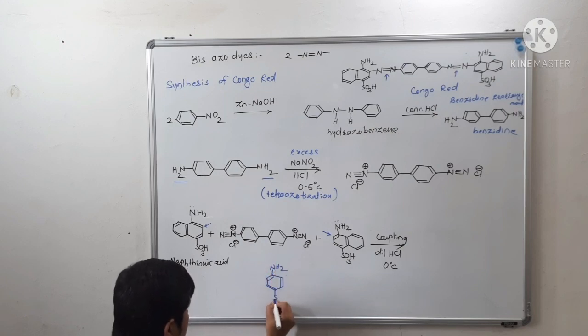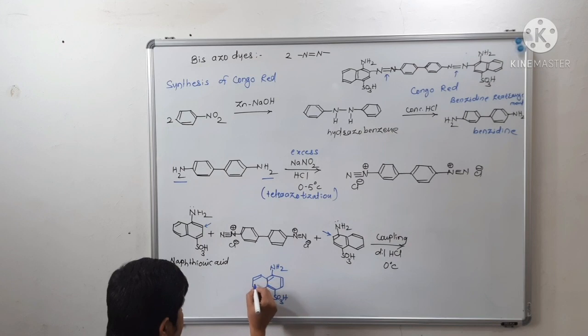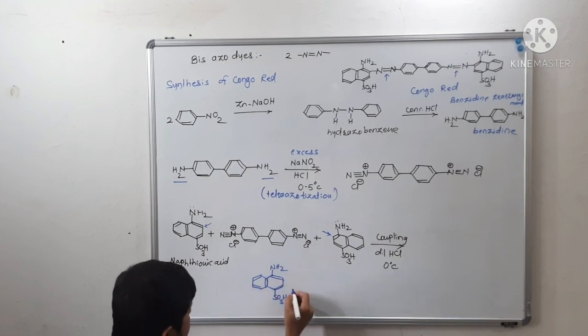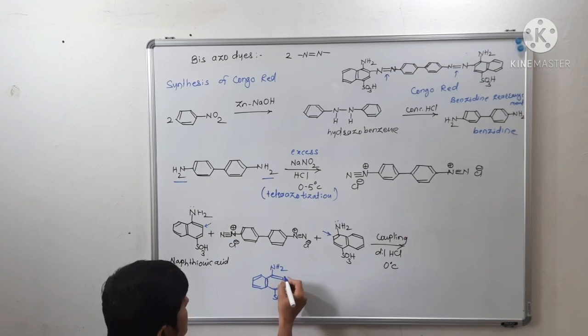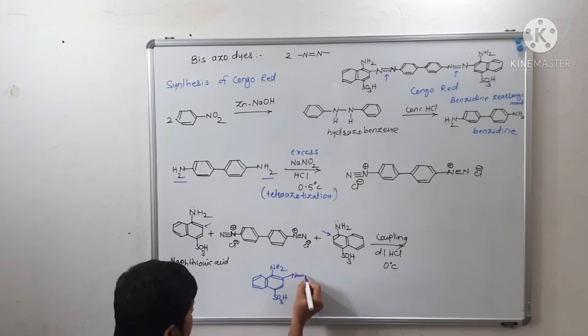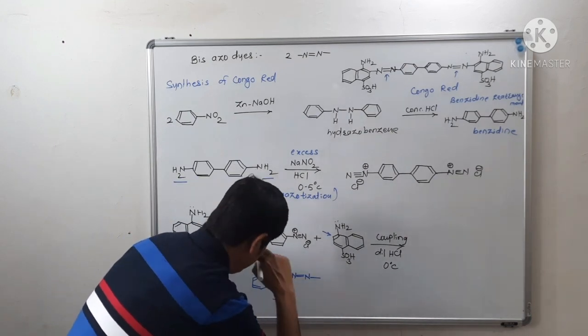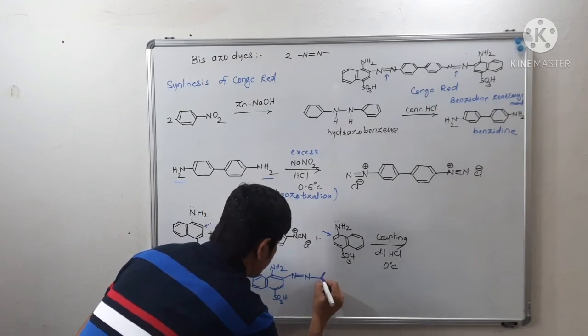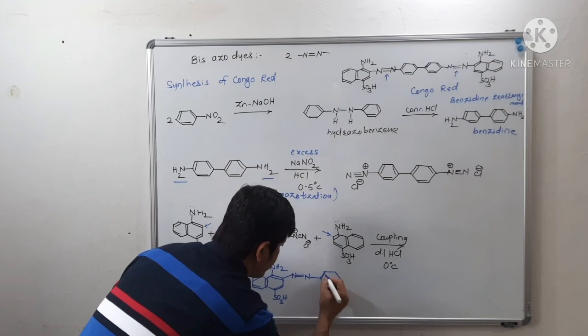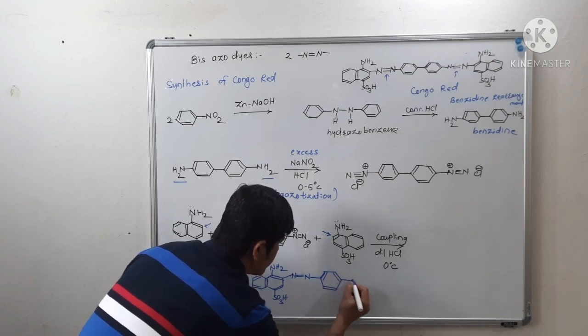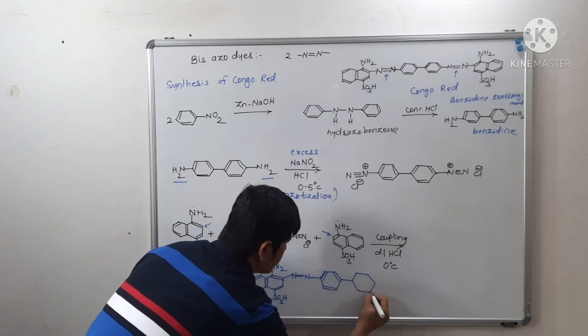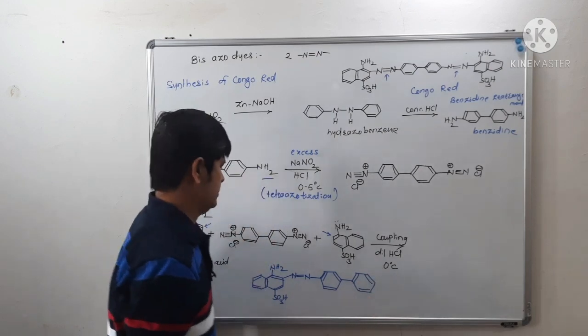NH2, SO3H. Then there will be N=N. This N=N is joined to this.